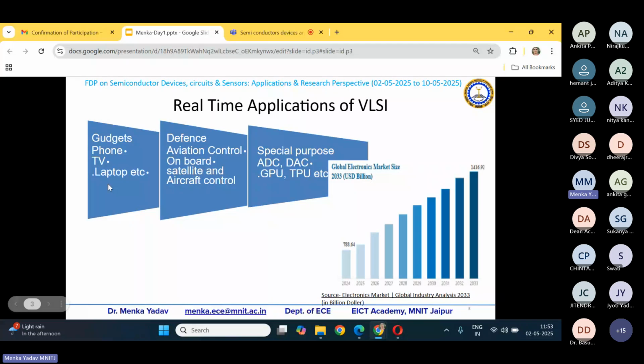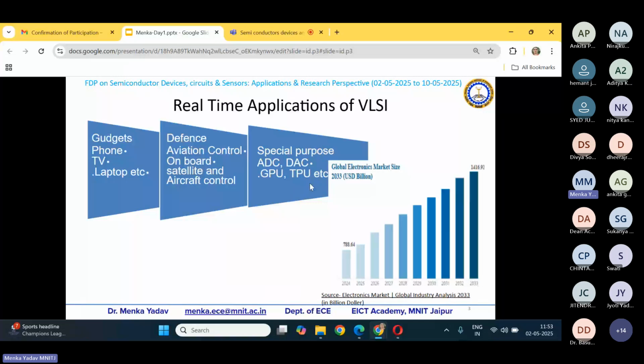It might be wristwatch, smartwatch, health band, etc. We have in defense, aviation control, onboard control, satellites, aircraft, spacecrafts, etc. And then we have special purpose like ADCs, analog to digital converters, digital to analog converters, GPUs, TPUs, etc. These are the different applications which we can see in our surroundings, in our day-to-day life, right?